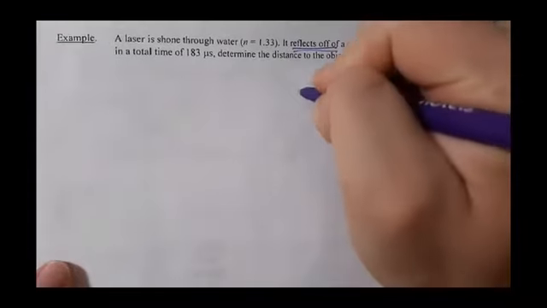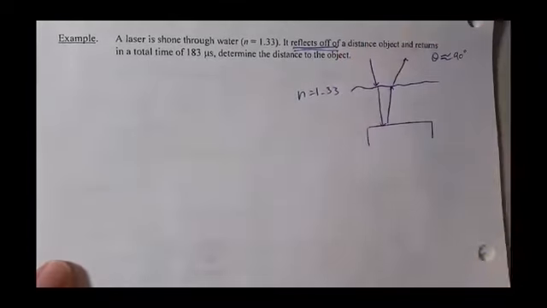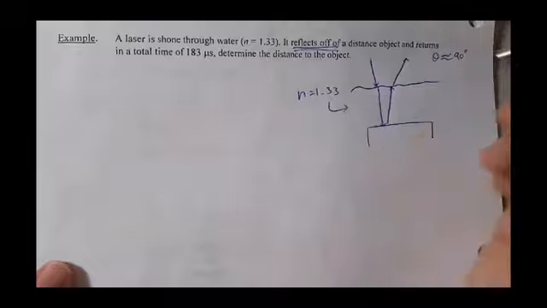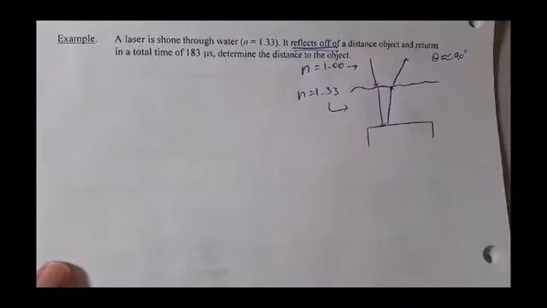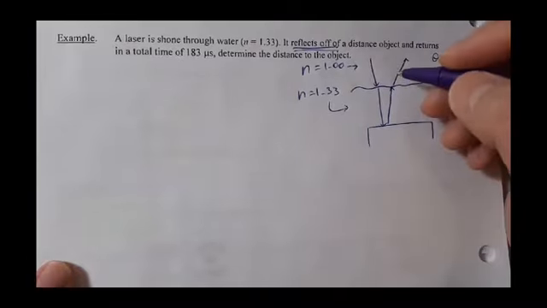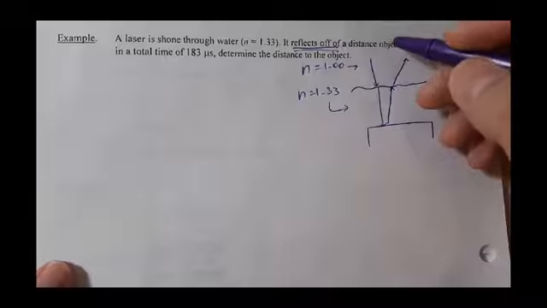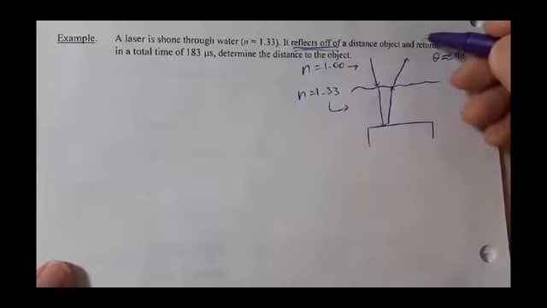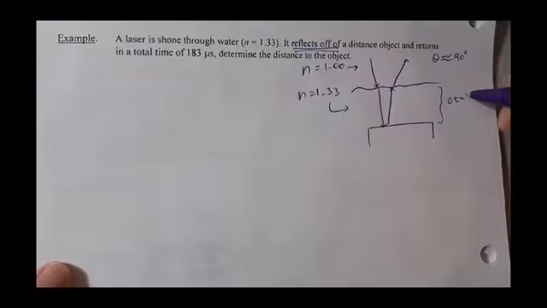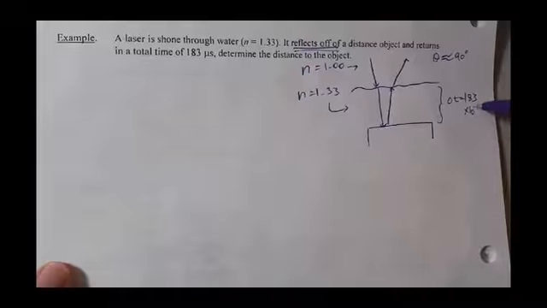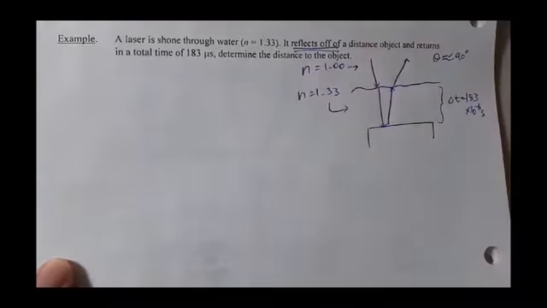Now, the n value is given as 1.33 for the water. The n value for air is 1.00. So we know those two values. And the time it takes for the returning trip was 183 microseconds, so 183 × 10^-6 seconds.